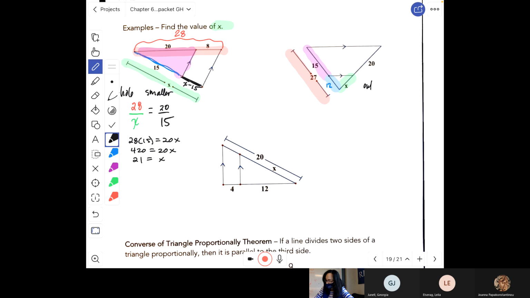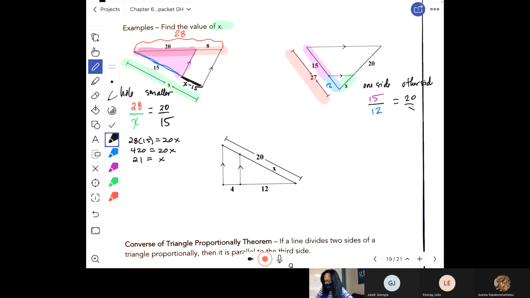So let's look at one side of the triangle compared to another side. So if I look at one side of a triangle, I would have maybe 15 over 12 equals, what would the other side of the proportion be?